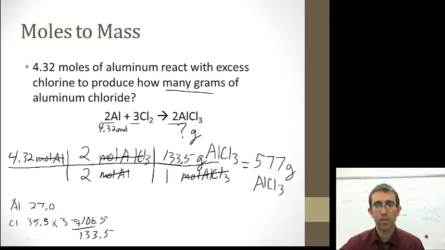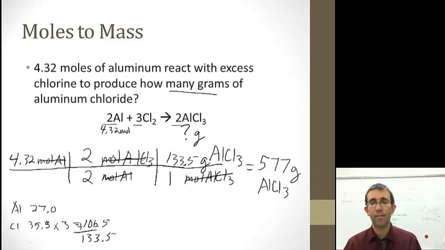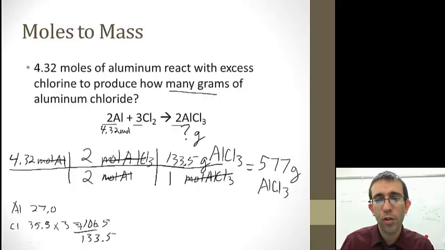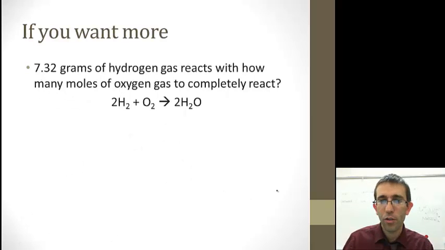There's my grams of AlCl3. So 577. That's mass to mole, mole to mass. If you want to try out a few more, I'm going to give you a couple more. So let's move on.